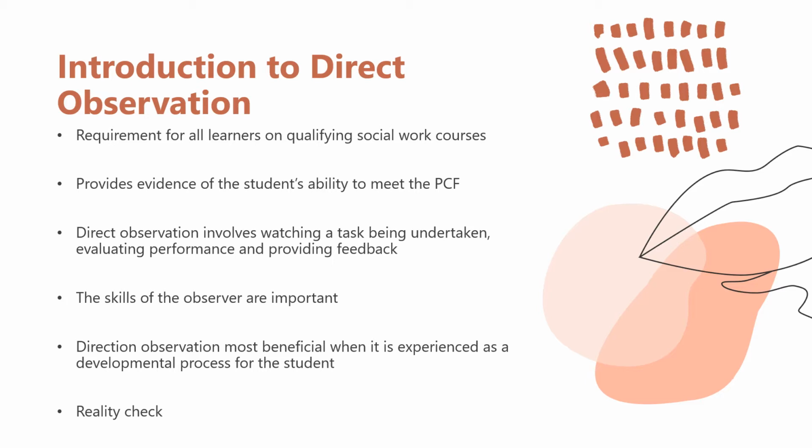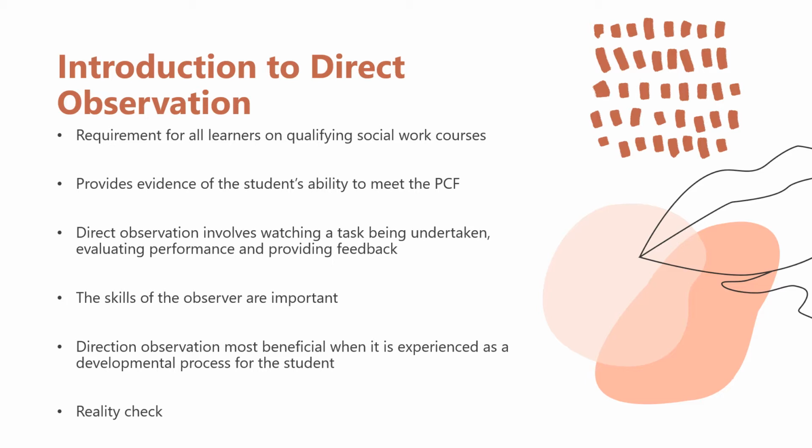You might be of the view that a direct observation is an accurate assessment tool because you can actually see what the student is doing. However, it's important to bear in mind that observations can only ever provide a snapshot of practice at that time and in that moment. Without a fuller understanding of the context and background, it might be very difficult to be thoroughly accurate and evaluate what is being seen.